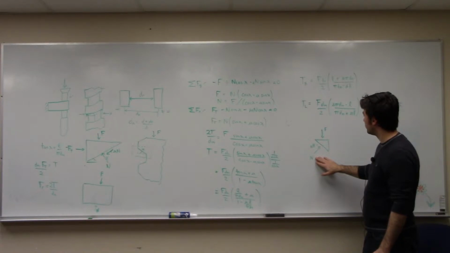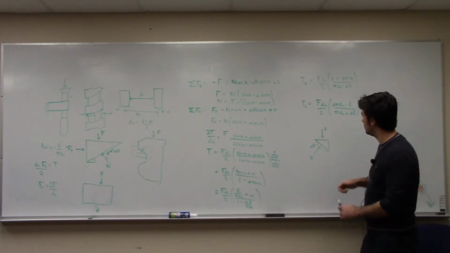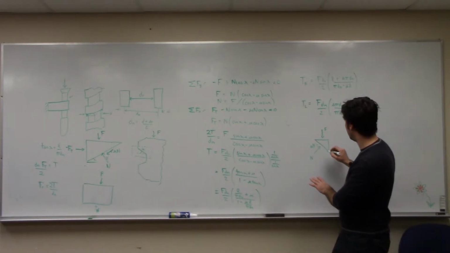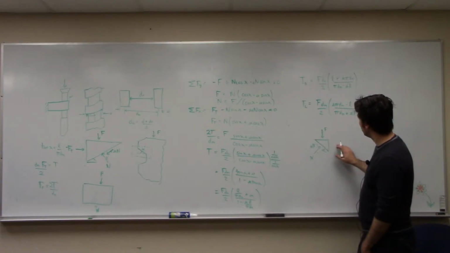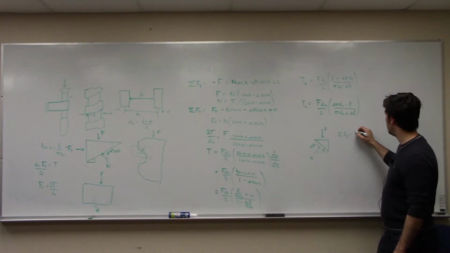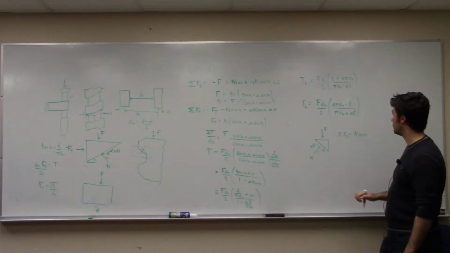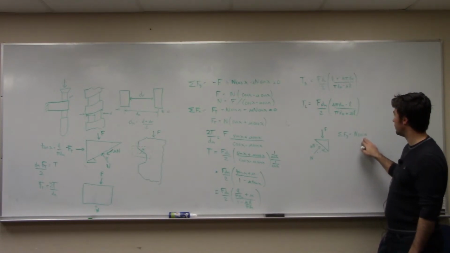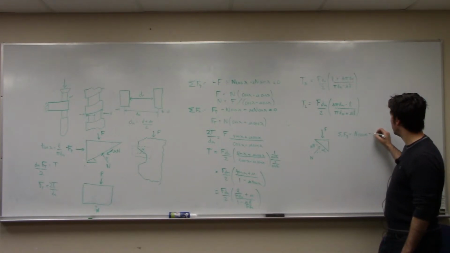So this normal force is not equal to F, because of this angle alpha, let's draw that. This is alpha. Because of that, let's do the sum of forces vertically on here. The sum of forces vertical is N times cosine of alpha, because if alpha were 0, cosine of alpha would just be 1, minus F, and that has to equal 0.